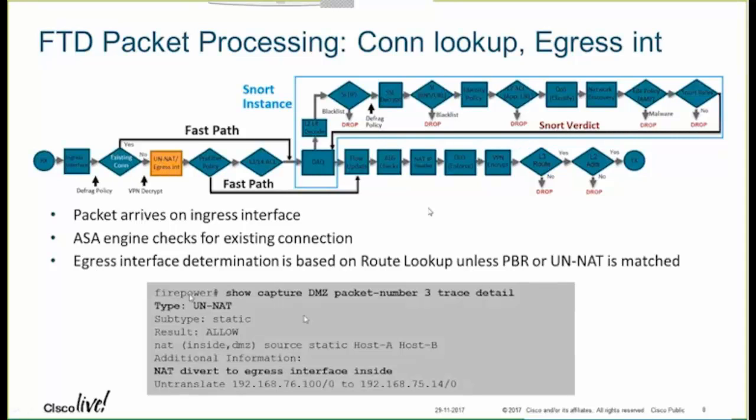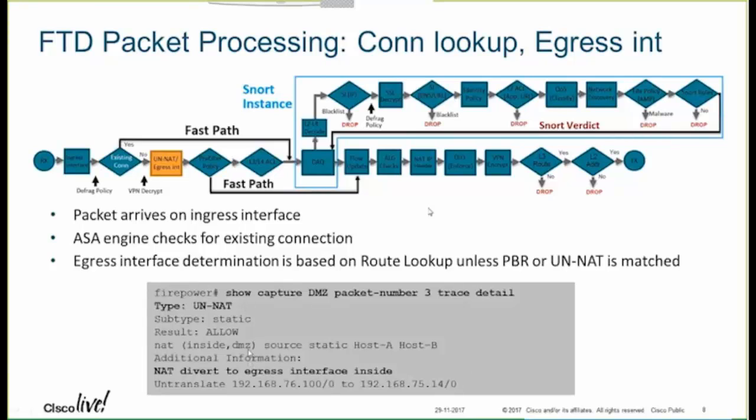We can basically check this in the packet tracer as well. If we do a capture, we can check the trace here, and at stage 1 it is unnat. In this case we are considering a situation wherein we are performing destination NAT on the firewall, where the traffic originally came in with the destination IP of 192.168.76.100, and we are translating it to 192.168.75.14.